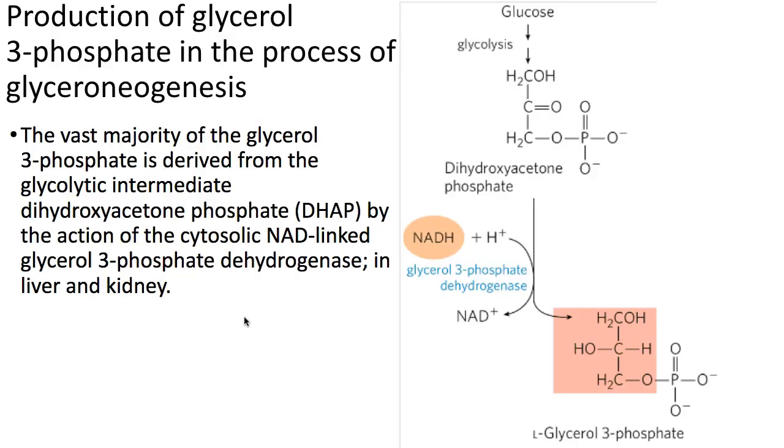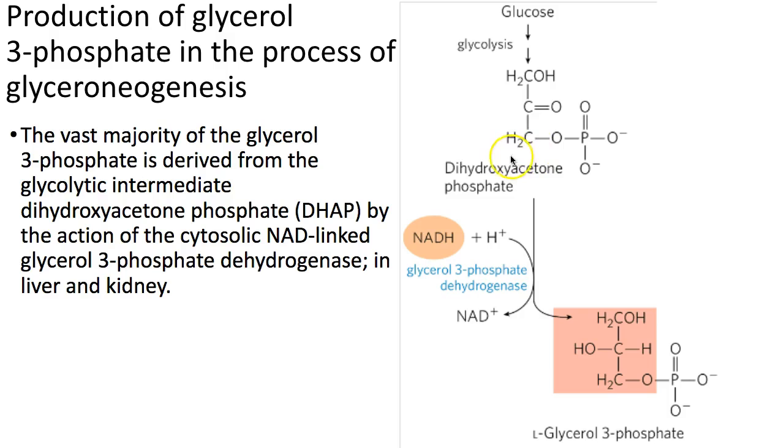So we'll talk about how we create triacylglycerol or phospholipid. The beginning stages of creating both are very similar, where you have glucose that you eat, which is broken down using glycolysis and produces one intermediate, dihydroxyacetone phosphate.